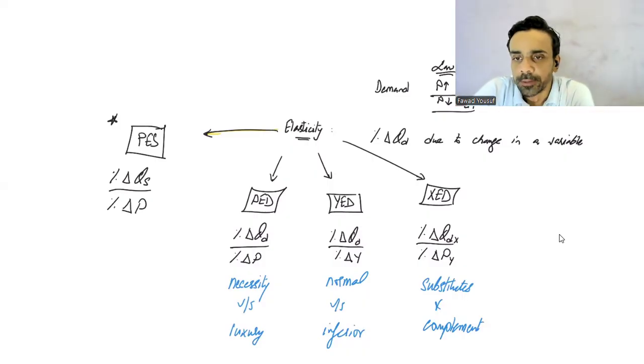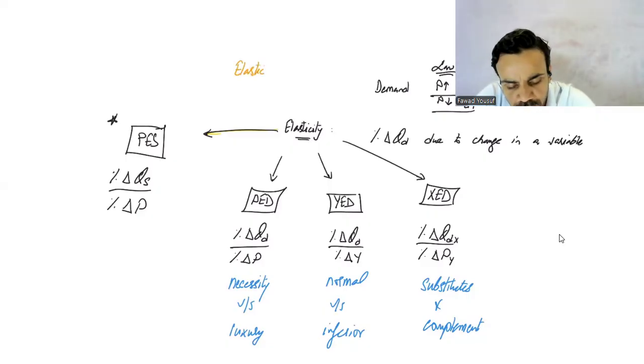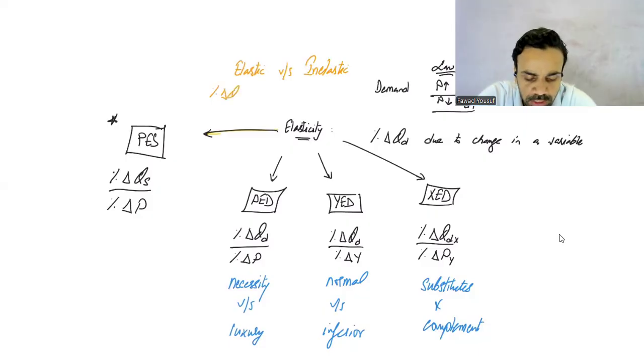एक तो ये बेसिक हो गया what it's about. ठीक है? फिर इसके बाद one of the major things you need to know about these is what the word elastic means and what the word inelastic means. ठीक है? Basically, if there is a big response in quantity versus change in price, but in fact, you can actually give a concrete thing that if there is a big change in the quantity versus whatever your variable is, you call it elastic.